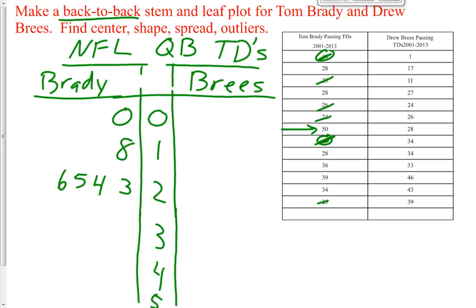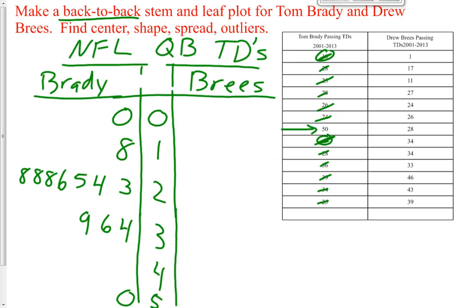Then 1, 2, 3 28s, so 2, 8, 2, 8, 2, 8. Anything else in the 20s? Doesn't look like there are any more. Then in the 30s we have a 34, 36, 39. And then we have a 50, way down over here. So that is Brady's stem and leaf plot.